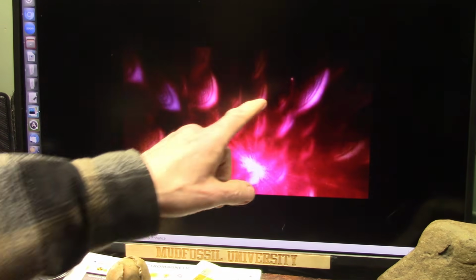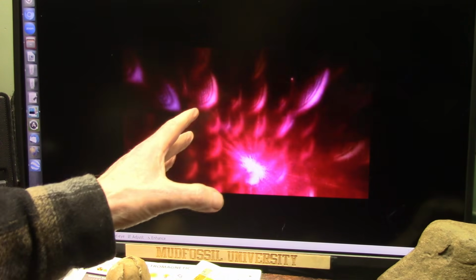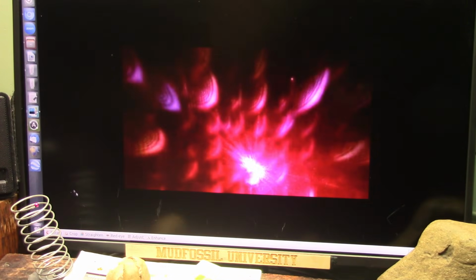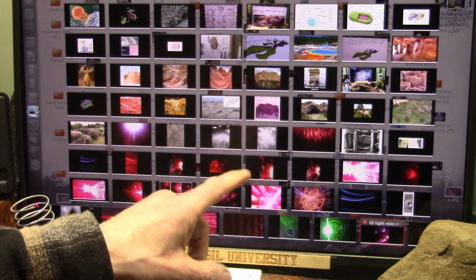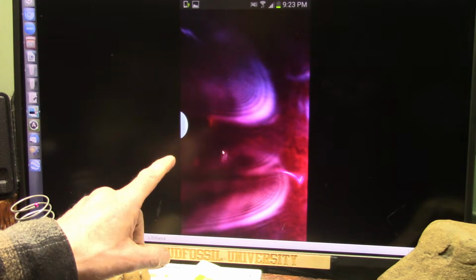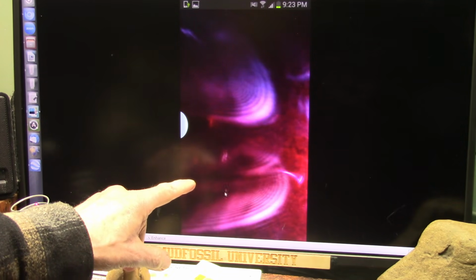All right, I did show you this particle, which was, I believe, a reverse spinner. Now, I can't be positive of that, and I can't be positive that it is this particle either. But I believe it is this particle right here.